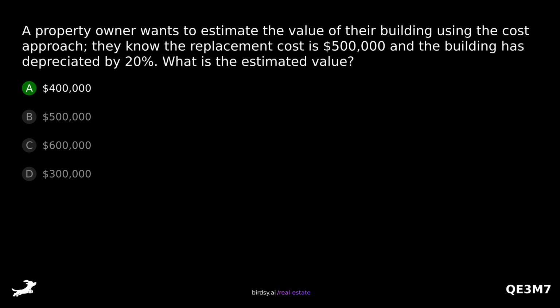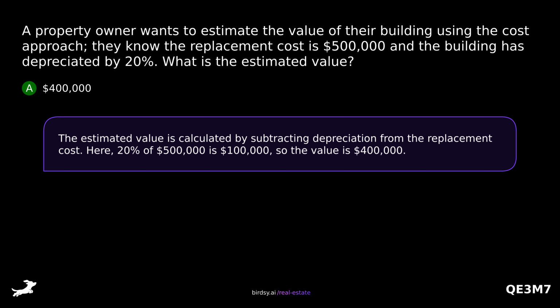The correct answer is A, $400,000. The estimated value is calculated by subtracting depreciation from the replacement cost. Here, 20% of $500,000 is $100,000, so the value is $400,000.